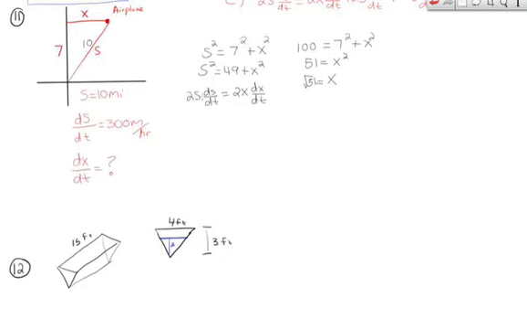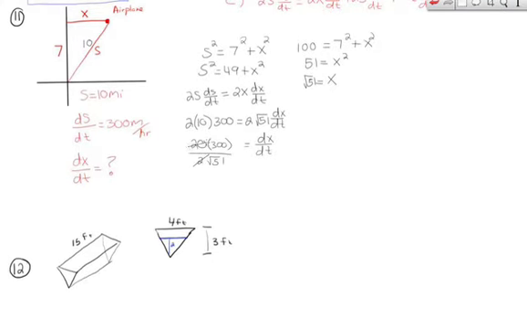So now I plug in everything I know. 2 times s, which is 10, times ds dt, which is 300, equals 2 times the square root of 51 times dx dt. So dx dt equals 20 times 300 over 2 times the square root of 51.